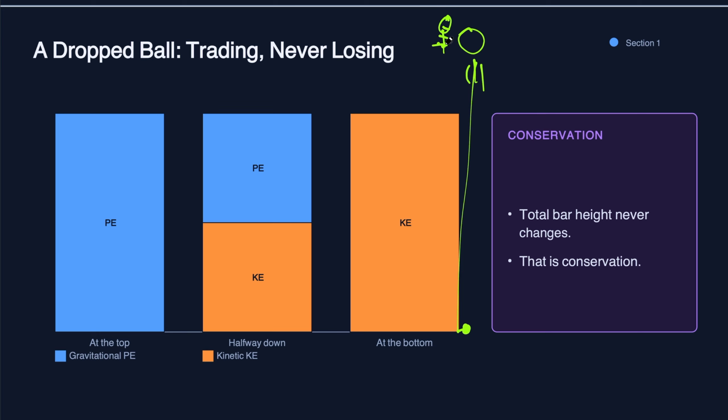Suppose you're on a mountain. You drop it from a height above ground level. The ball is thrown. Initially, it has only potential energy, right? So you need to understand how these bars work, okay? How much it changes and how it works. Initially, it has only potential energy, which is going to be really high, right?